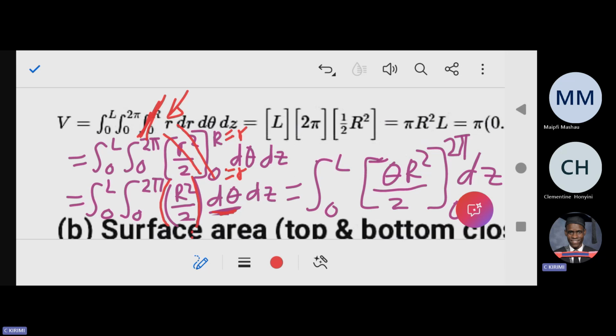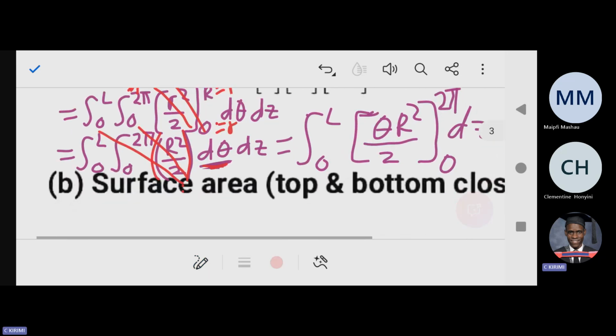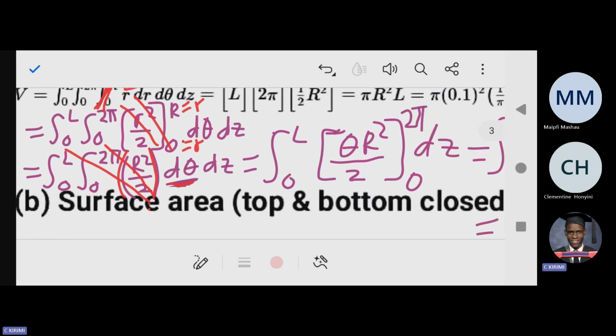Then once you are done, that bracket and the integral vanishes. What are you left with? With the square bracket, where you have theta r squared over 2, and the limits now come on the right-hand side of the square bracket, which is 2 pi and 0 dz.